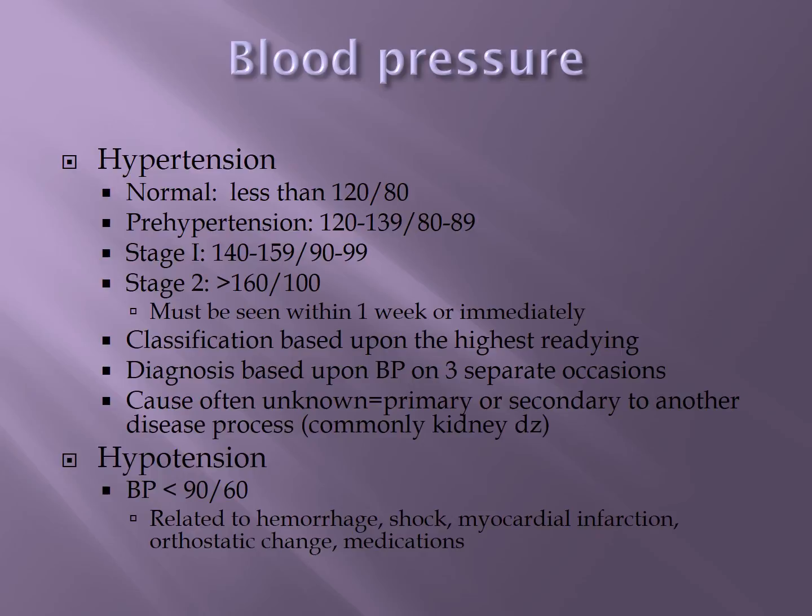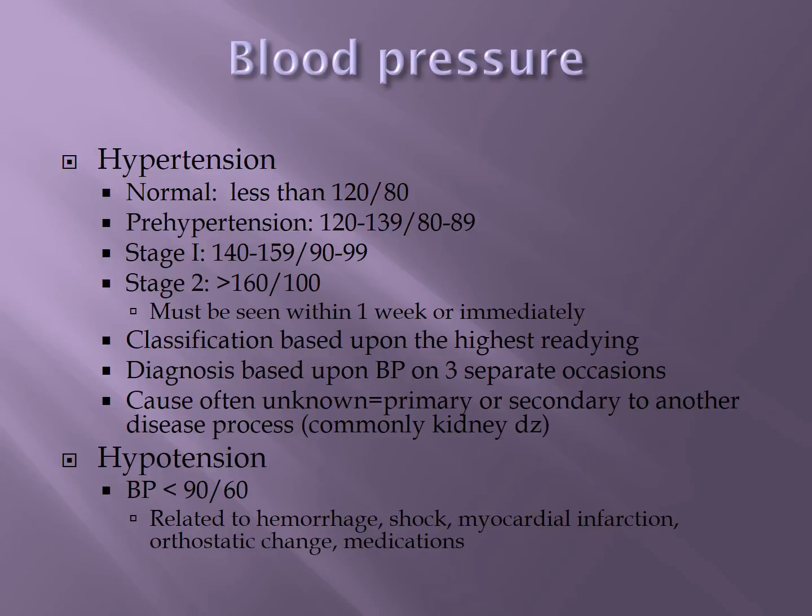And then secondary hypertension means we know what the cause is, and typically it is due to kidney disease, because the kidney plays an extremely important role in hypertension, because it triggers the renin, angiotensin, aldosterone system in regulating blood pressure. If you remember, blood pressure is going to be related to the size of the blood vessels and what the blood volume is.